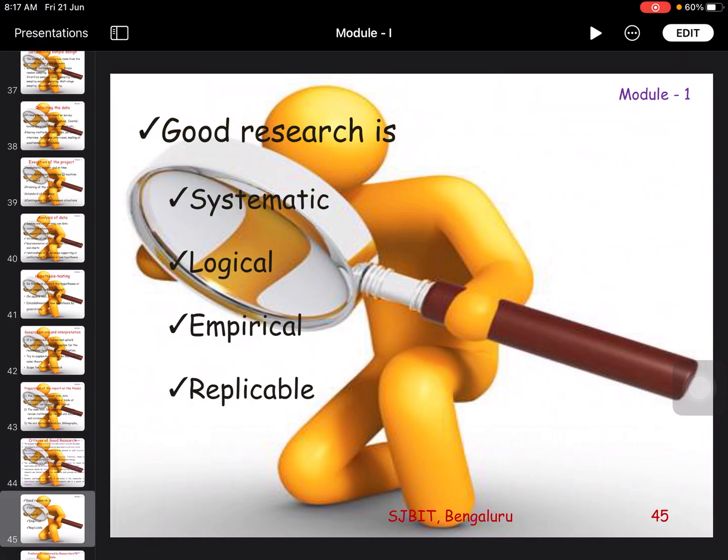So, good research is always systematic, logical, empirical, and replicable. It will consist of all the procedures followed in a particular way, and logic has been used during the process of carrying out the project.